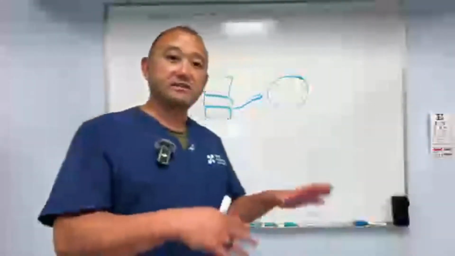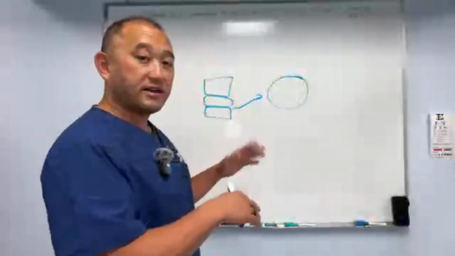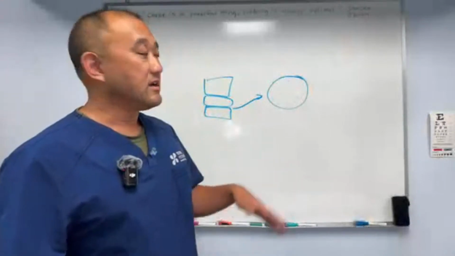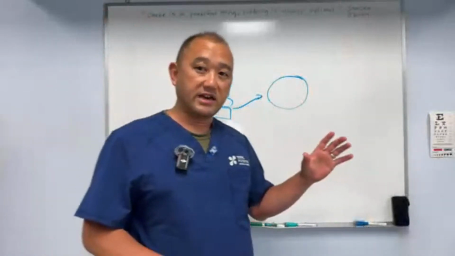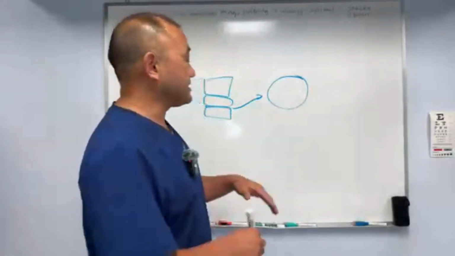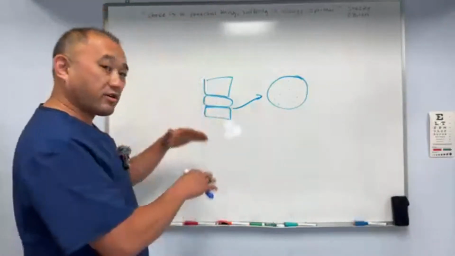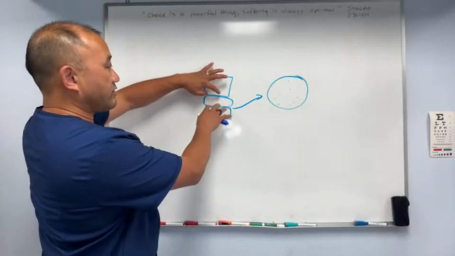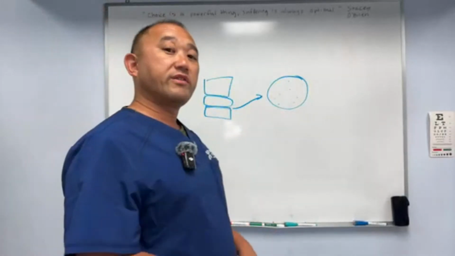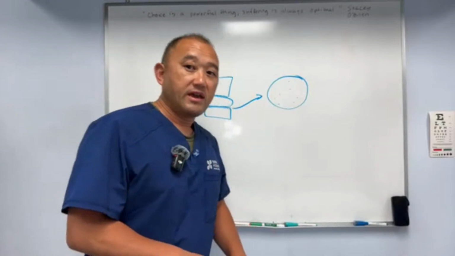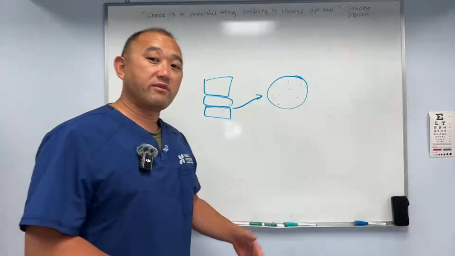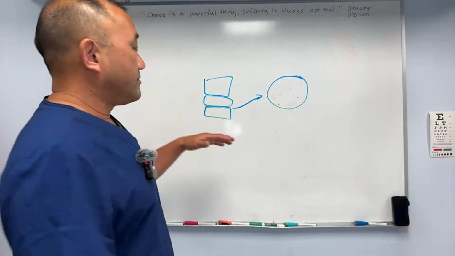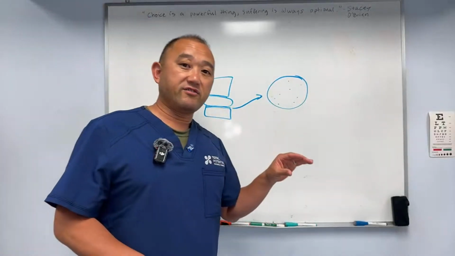When we're talking about the spine and degenerative disc disease, the discs also get dehydrated. As we go on with our lives, the disc swells with water, and as the years go by and we age, the disc dehydrates.